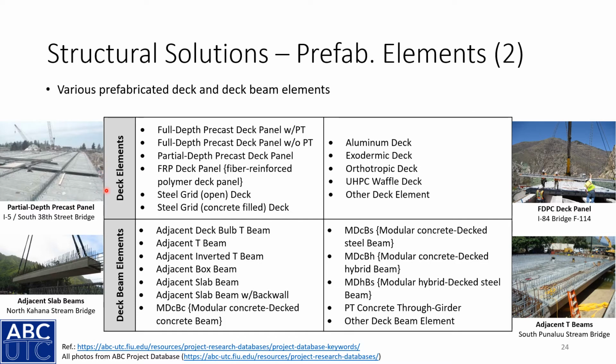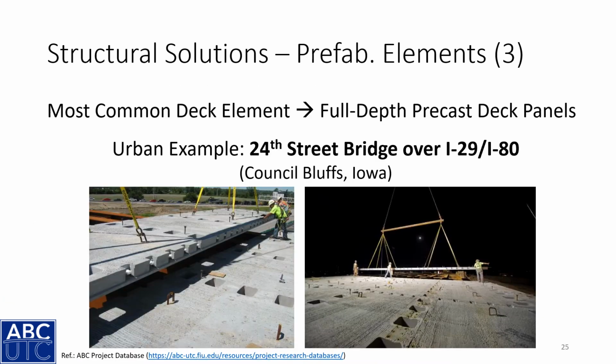So here we have the deck elements, we have our deck beam elements, and some examples here. The most common deck element is our full depth precast deck panels. And here's an example from Iowa.